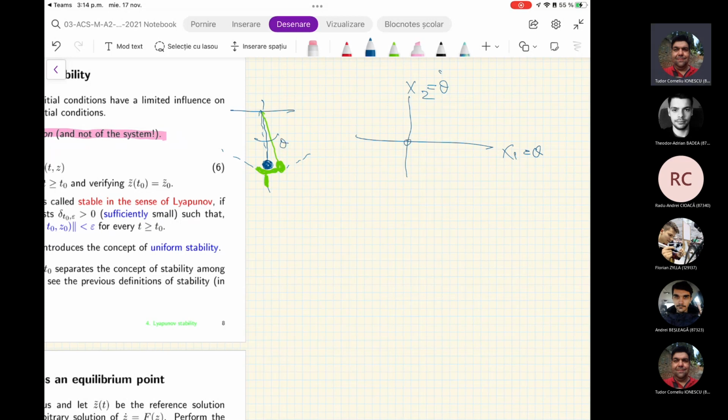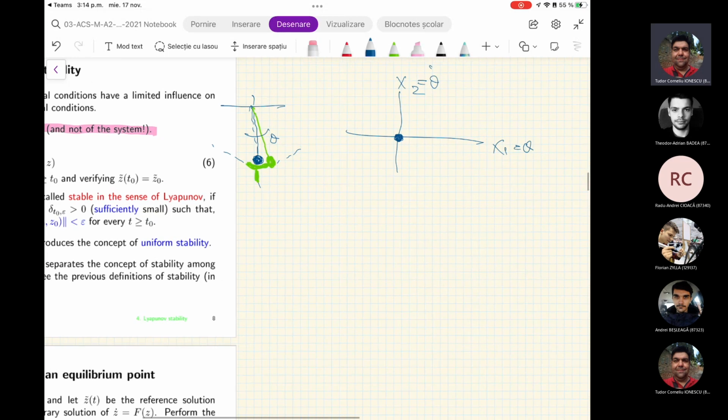Okay, so this is the stable equilibrium point, true? And now I'm just disturbing the pendulum from that. So disturbing the pendulum from that probably will do something like this. So I bring the pendulum here in a different position. Okay.